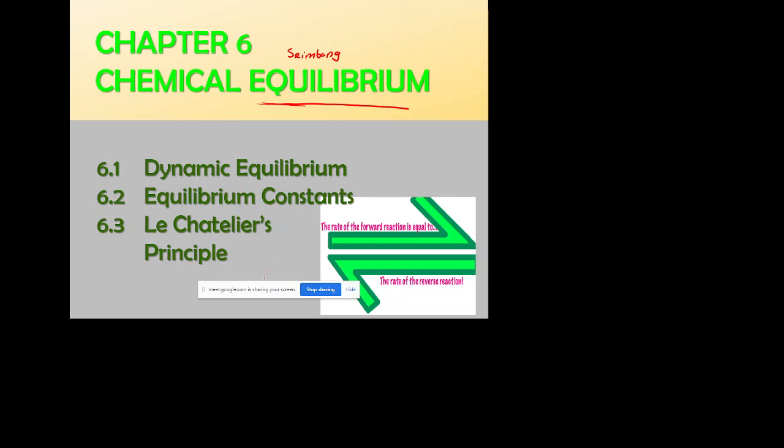And actually we already see this principle. Okay, kalau korang remember, do you remember ini diagram apa? Phase diagram, yes, phase diagram.